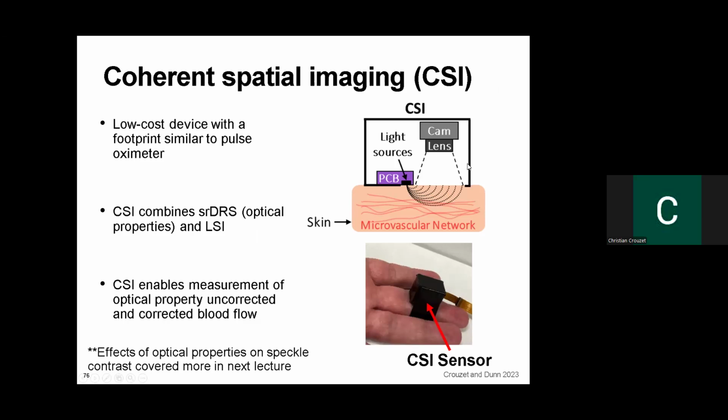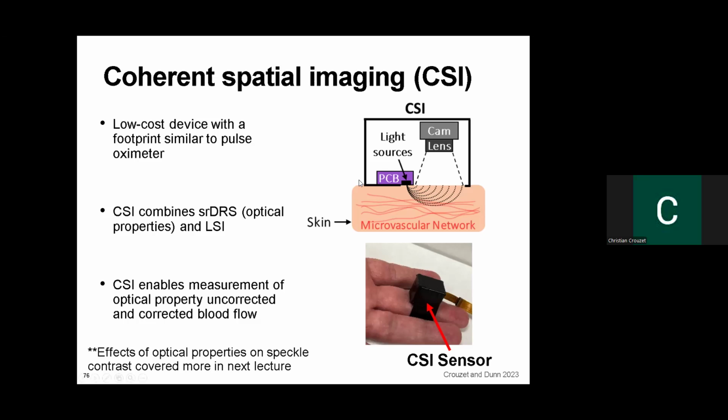We call the technology coherent spatial imaging because we're using a coherent light source. And we're looking at different distances from where the light source is and where the light is being collected based on the camera. So CSI basically combines two techniques. I'm not going to get into SRDRS much, but it's basically spatially resolved diffuse reflectance spectroscopy, which is a method that you can use to extract optical properties.